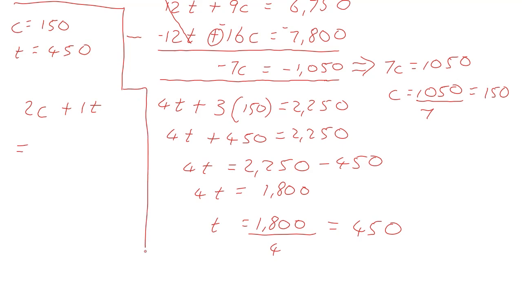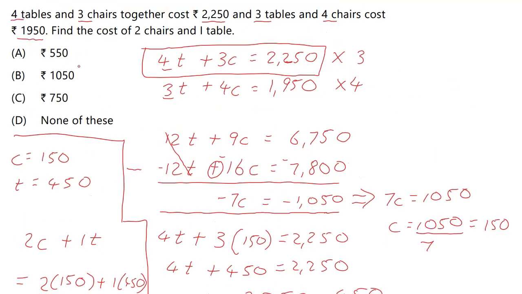Let me make space. 2 into 150 plus 1 into 450. So I end up with 300 plus 450, which gives me 750. That is the answer to the equation, and that is C.